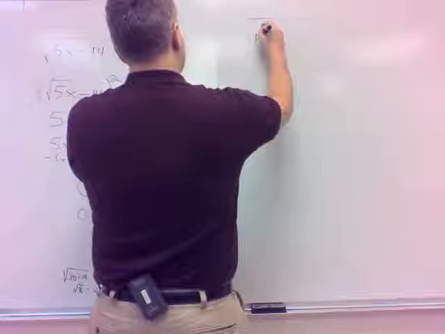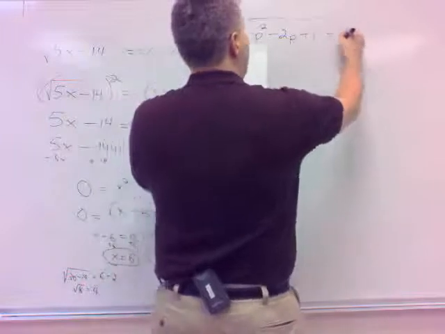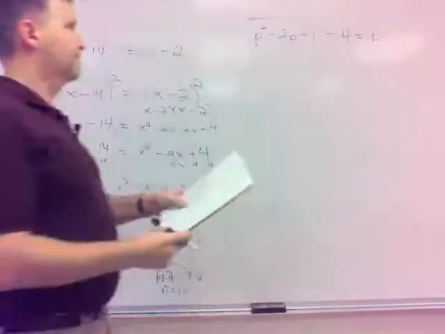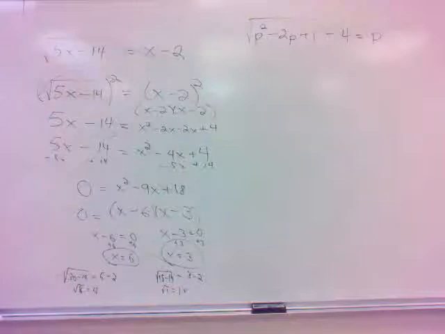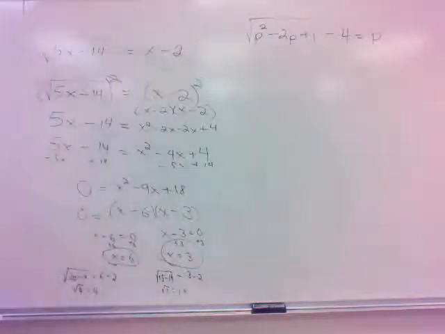On this one, let's go with the square root of p squared minus 2p plus 1, minus 4, equals p. The minus 4 is not inside the square root. So what's the first step we've got here?